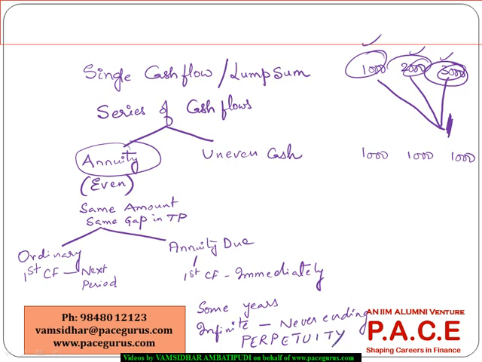So a perpetuity is a cash flow of the same amount at equal intervals of time, but the time period is not specific. The time period is infinite. It's a never-ending kind of stuff.